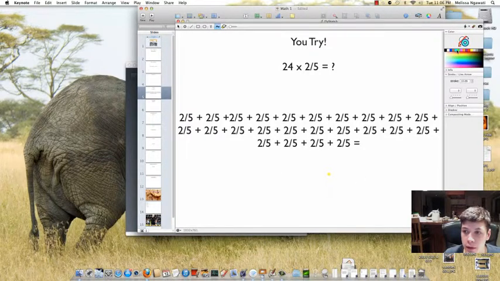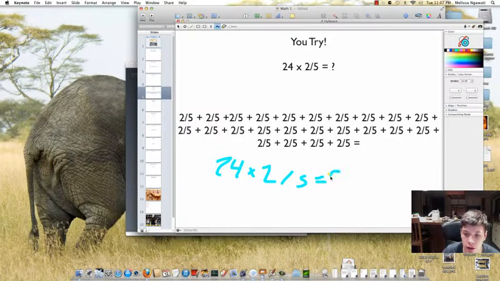We now can add them together, and now we can see that 24 times 2/5 equals 9.6. So you add these up to make it 1, 2, 3, so on.